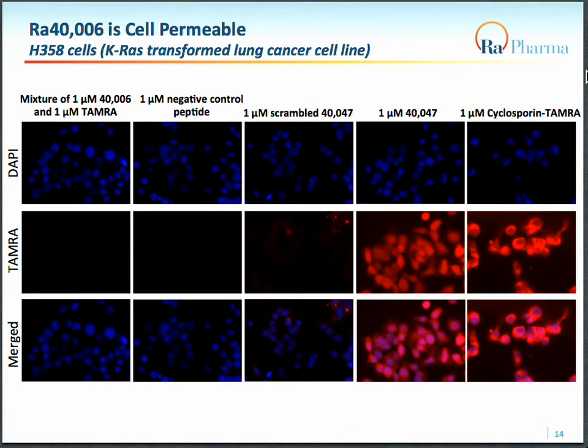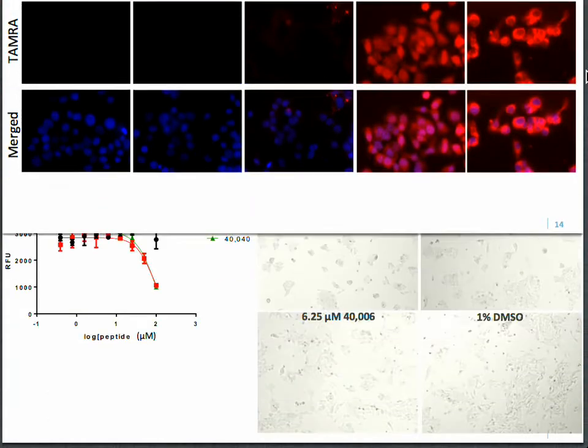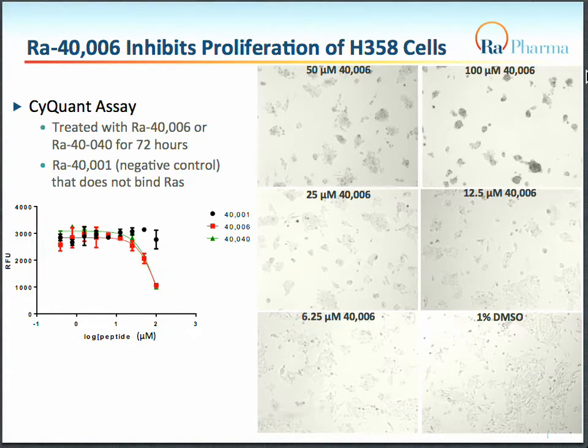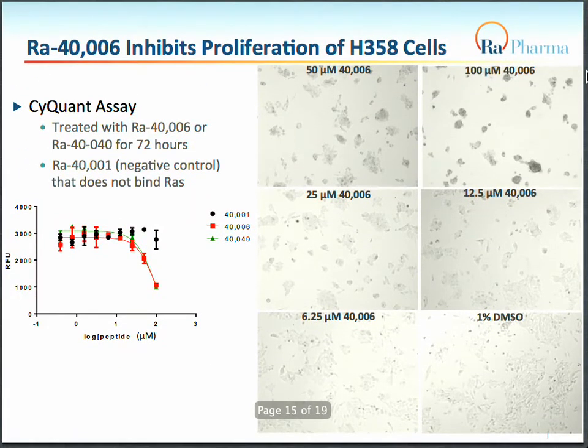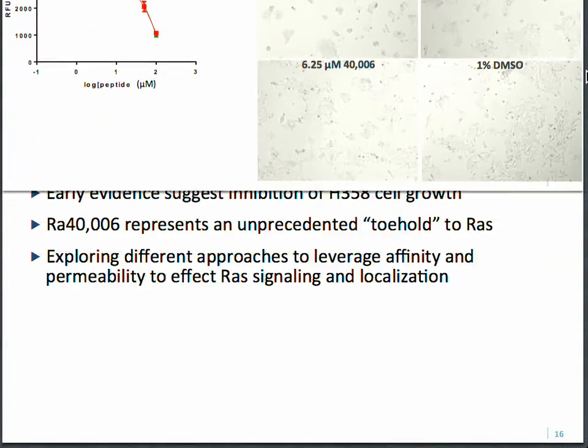We've been able to show that this compound is cell permeable, and I'll ask you to take my word for that. And then we've looked in at least one cell line, H358s. This is a KRAS-driven cell line. And at high concentrations, we start to see cell dying out at 72 hours. You can see that graphed here.